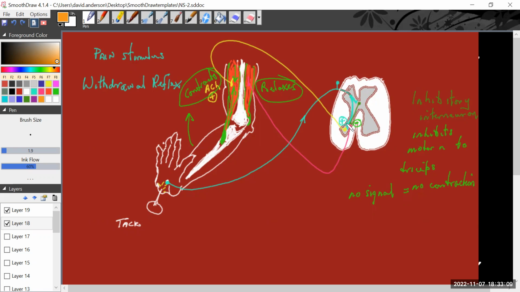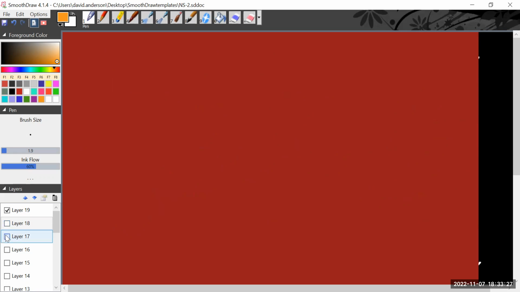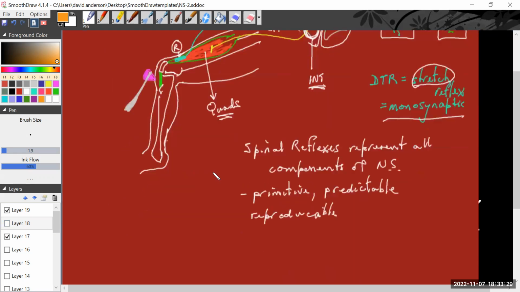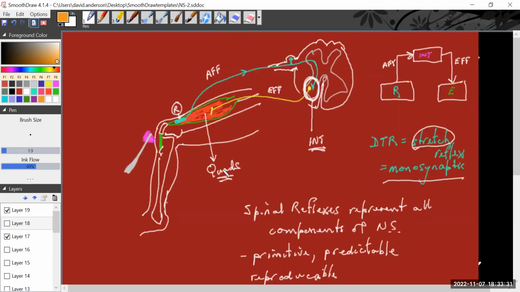But the goal is still very, very basic. It's still protection, right? In this case, the stimulus was pain, and the response was withdrawal. In our previous example, the stimulus was stretch, and the response was contraction. That looked a lot like homeostasis.